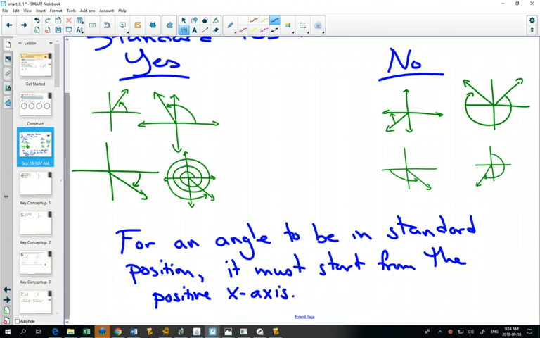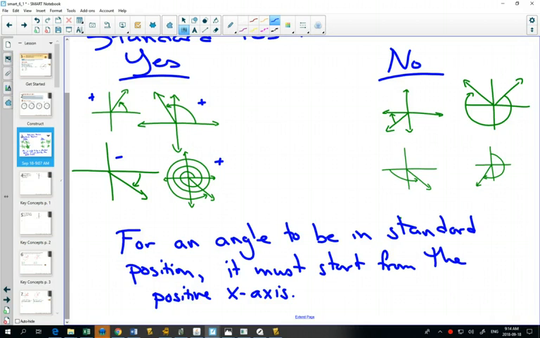And that's the key thing for an angle in standard position. And then these ones here are all positive angles. And as soon as you go in the opposite direction, this one here would be a negative angle.